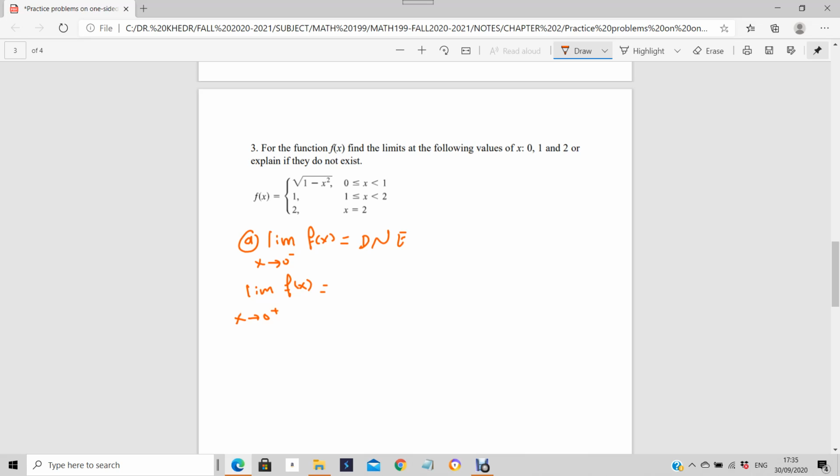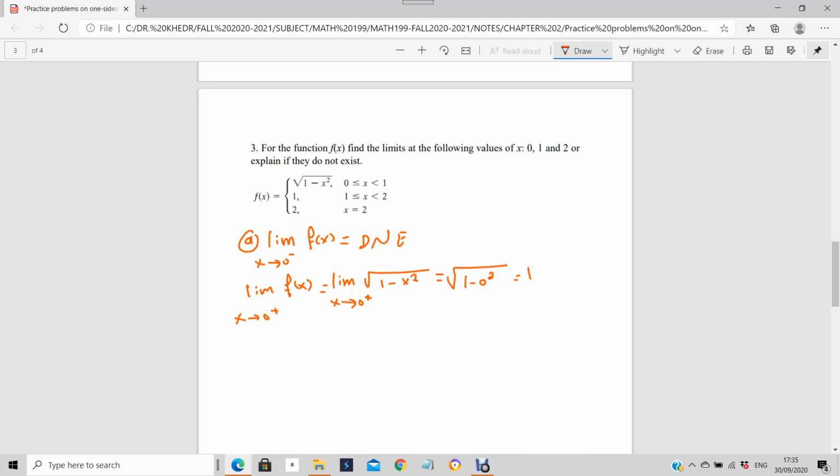So we have to use this equation. So we will say this is equivalent to the limit of square root 1 minus x squared as x goes to 0 from right side. So we did learn in the previous section how to find this limit by substitution. So you substitute instead of x 0, then we'll have this, and the answer will be 1. So the limit here is 1.